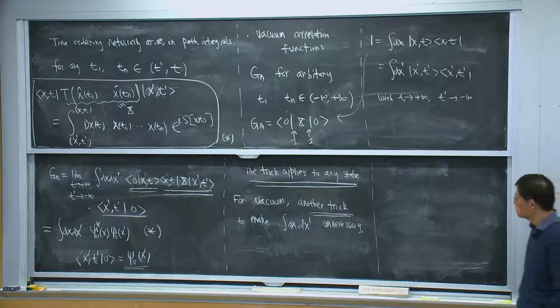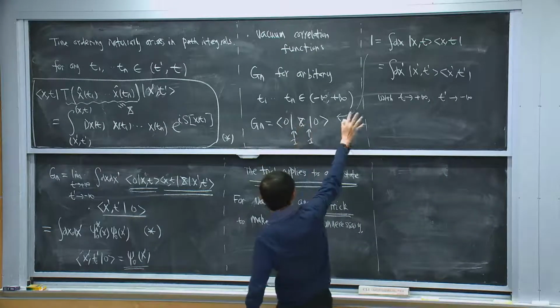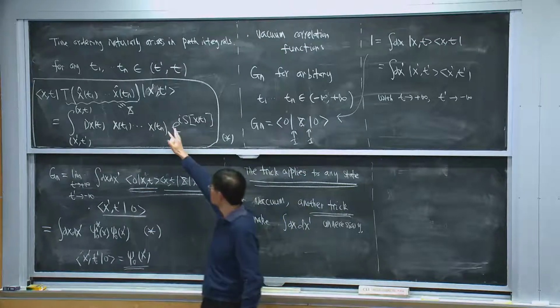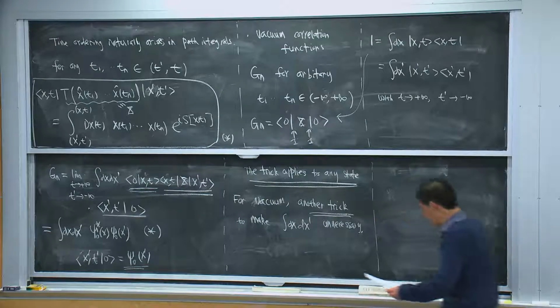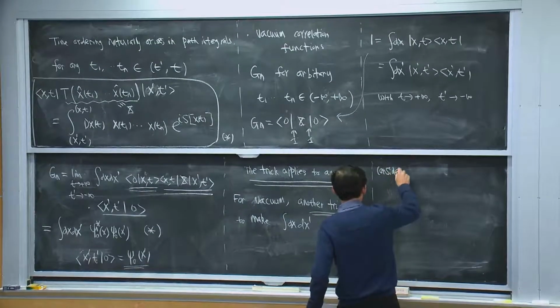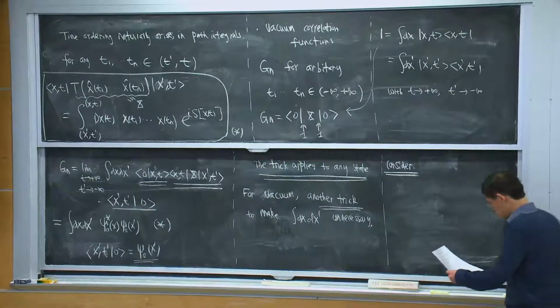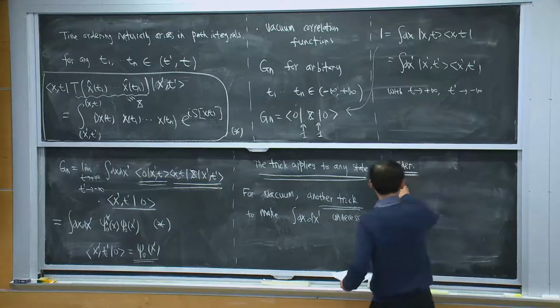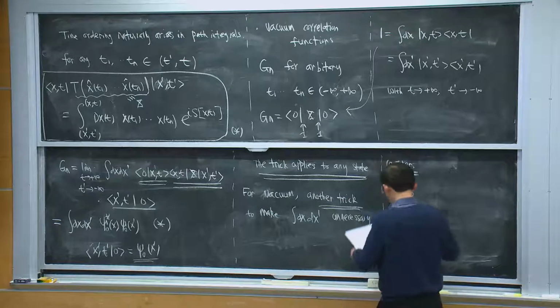So now let's forget about this and start coming back from here. Again, I take the limit t goes to plus infinity and t prime goes to minus infinity.